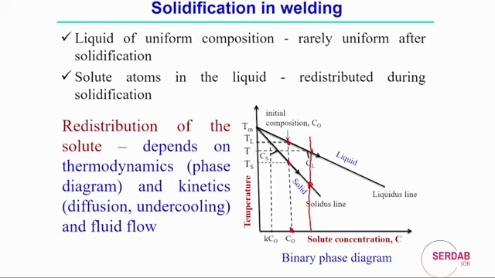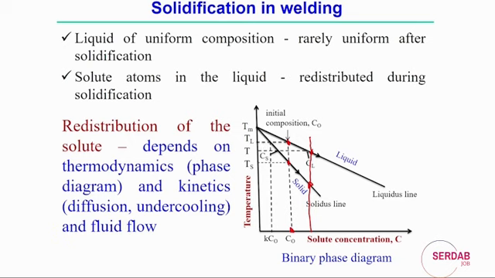At any temperature in between the solidus and liquidus, there may be a solid content and a liquid content, when the initial composition of the binary alloy is C0.